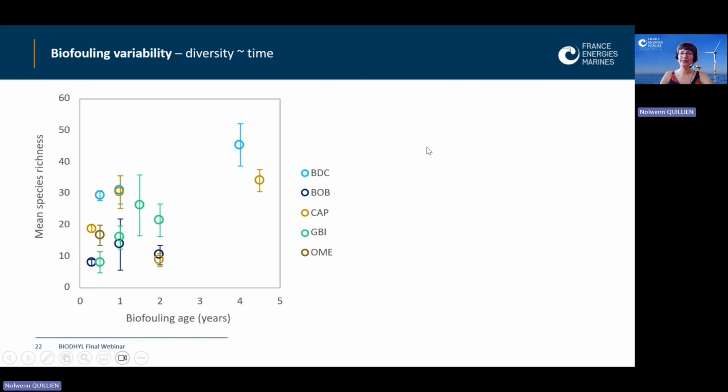Then looking at some diversity indices across time, we wanted to show you the mean species richness at the different sites surveyed over time.